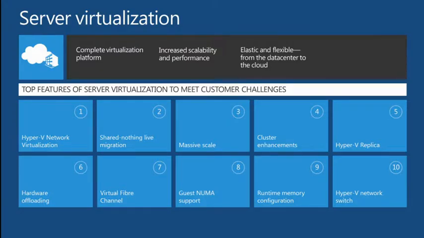But I think one of the cool ones is shared nothing live migration. The idea here is I have a server here with block storage or direct attached storage or whatever, and I have a server here, exactly the same, connected to nothing but an Ethernet cable. And I can migrate a running virtual machine from server A to server B across that Ethernet while the machine is running, while people are accessing it, with 0 downtime.